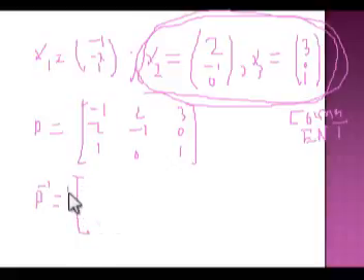It will be 1 by 8 times the matrix: minus 1, minus 2, 3; 2, minus 4, minus 6; 1, 2, 5.